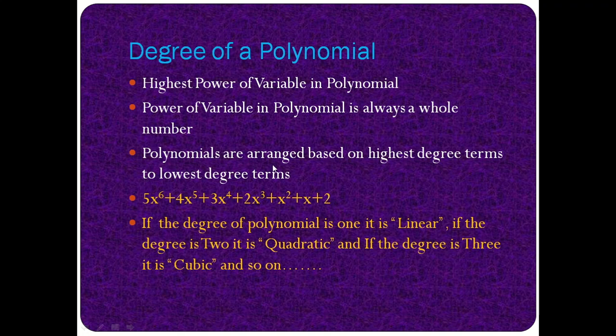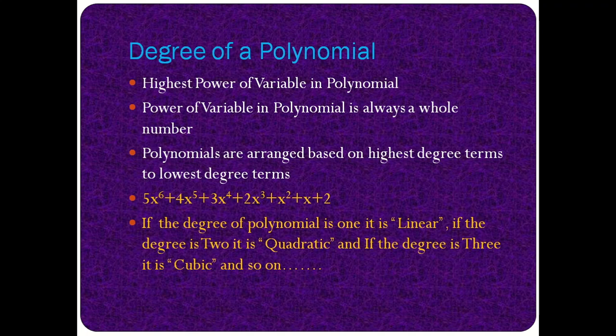Then polynomials can also be classified based on their degree. If the degree of the polynomial is 1, for example 2x, which is x raised to 1, it is a linear polynomial. If the degree of the polynomial is 2, it is a quadratic polynomial. You know that in quadratic equation, what is the definition you were given?